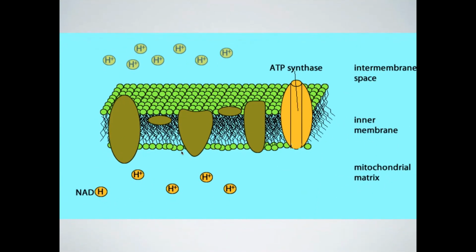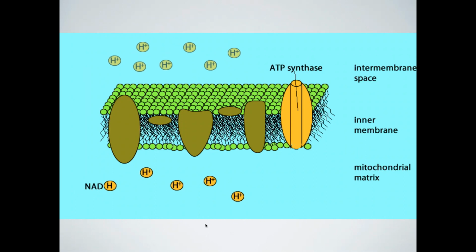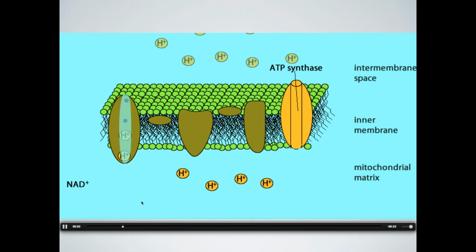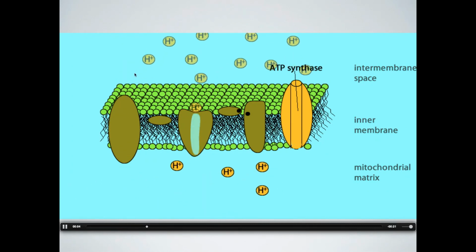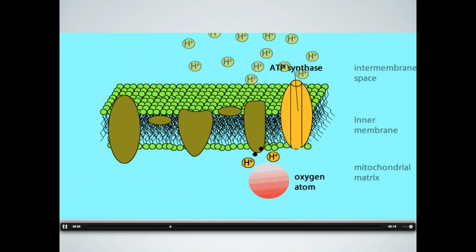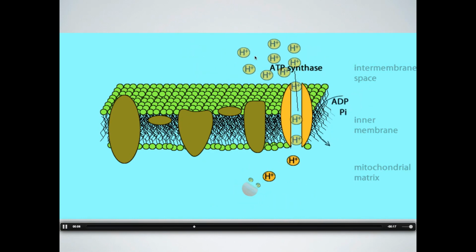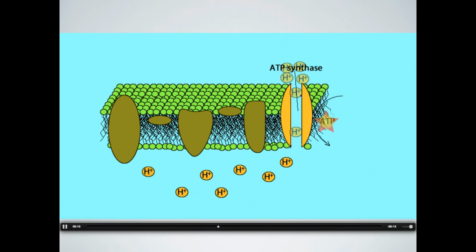And so again, here is a good example of how ATP synthase works. If it plays, there we go. You can see we have a movement of hydrogen. It's all going over here, and then it goes straight through ATP synthase.